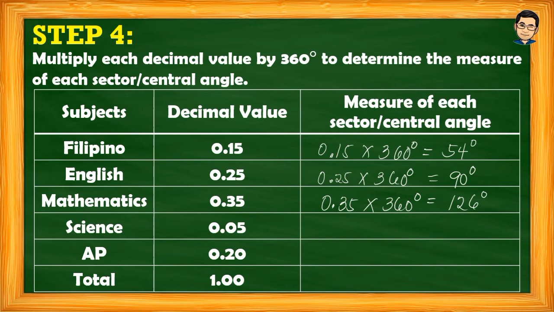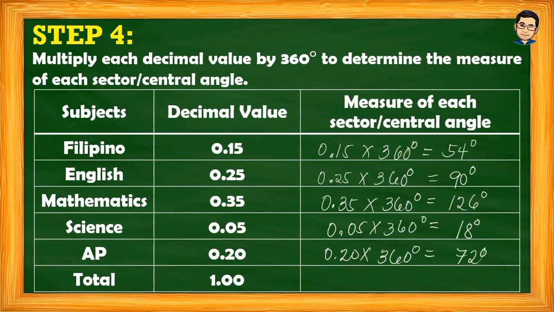And then for science, 0.05 times 360 will get a product of 18 degrees. And then finally for AP, so 0.20 times 360 degrees will get 72 degrees.